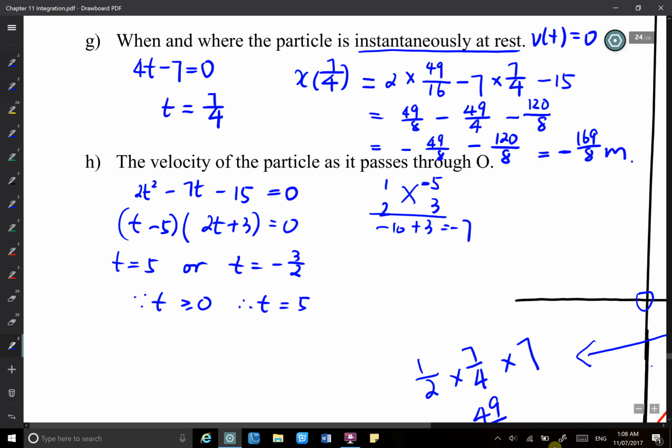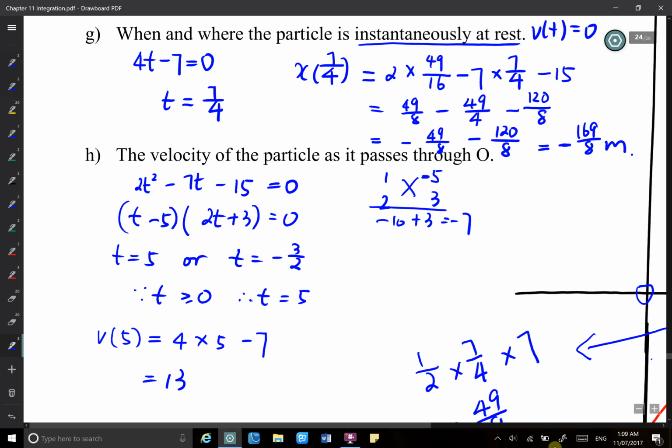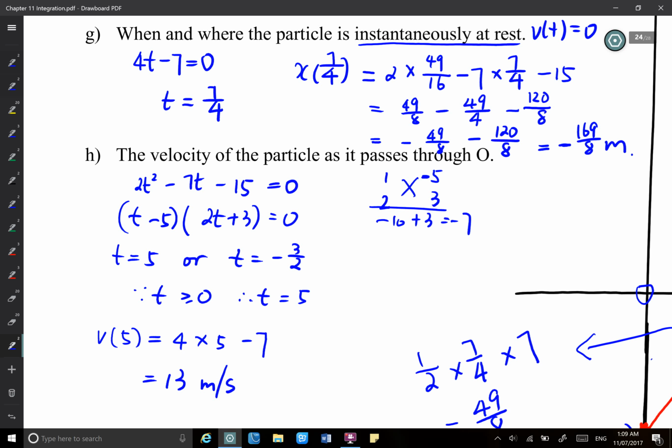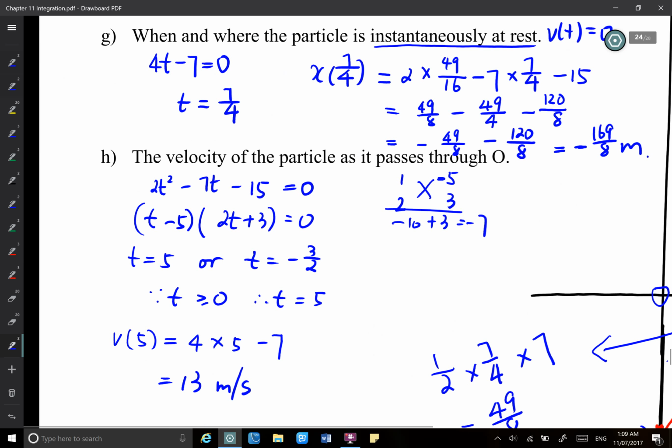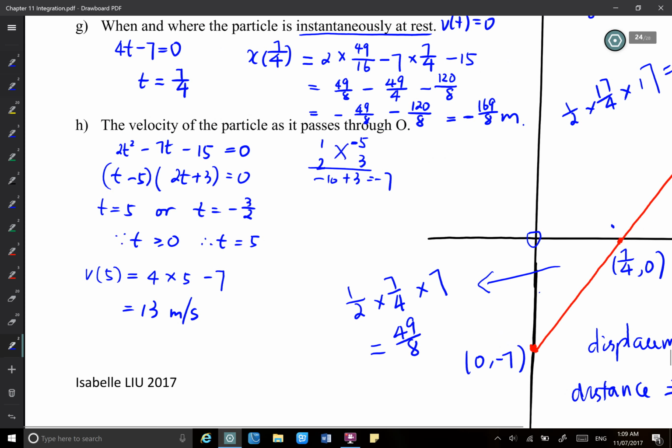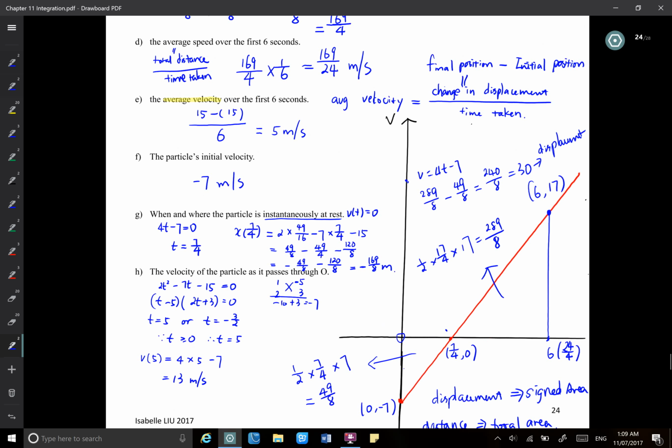It asks for the velocity, so v(5) equals 4 times 5 minus 7, which is 13 meters per second. It is traveling to the right at 13 meters per second as it passes through the origin. This question is quite important.